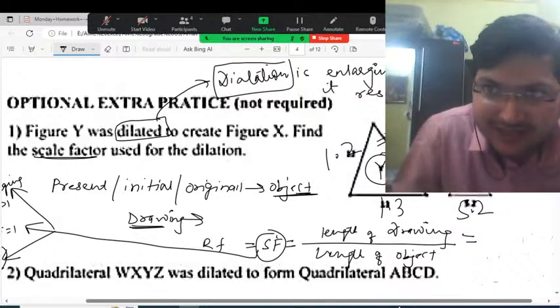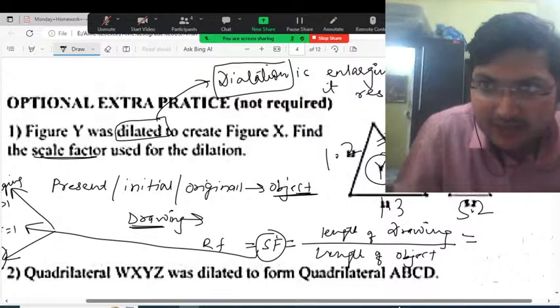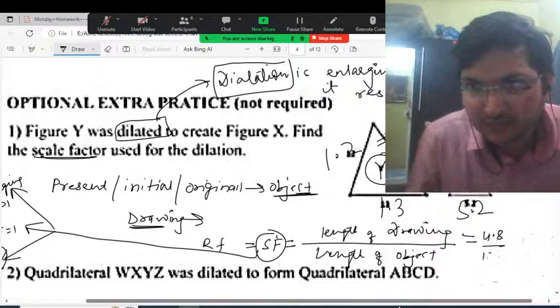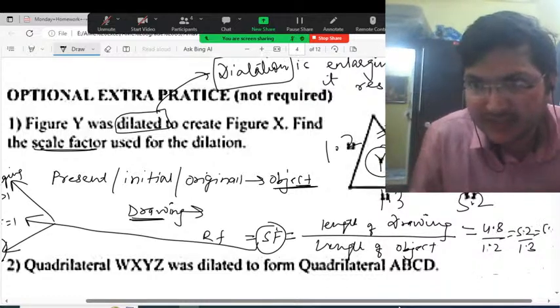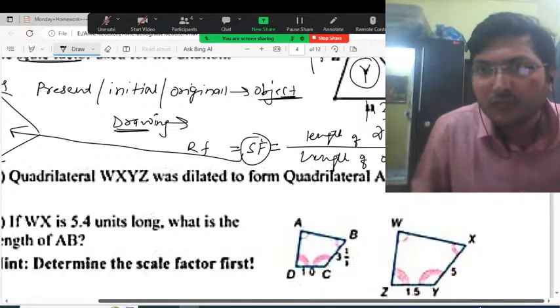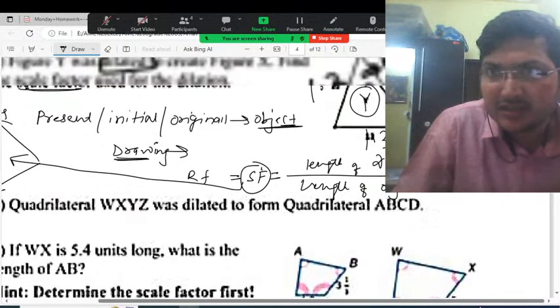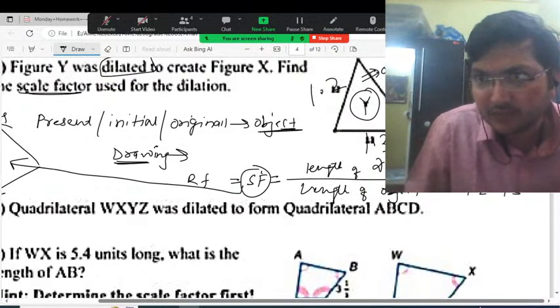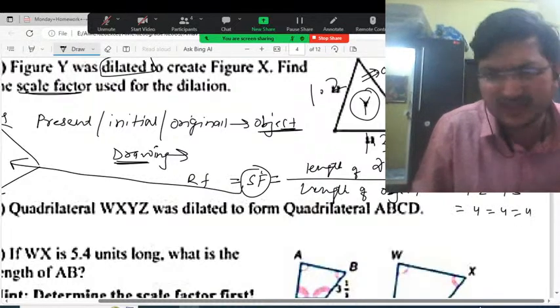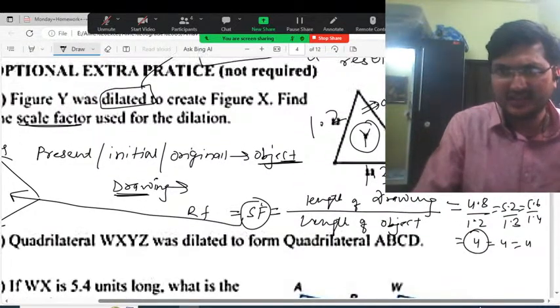Now you are getting the drawing. Length of drawing is 4.8 over 1.2, or 5.2 over 1.3, or 5.6 over 1.4. It's coming out to be 4 in each case, obviously. 4 is your scale factor here.